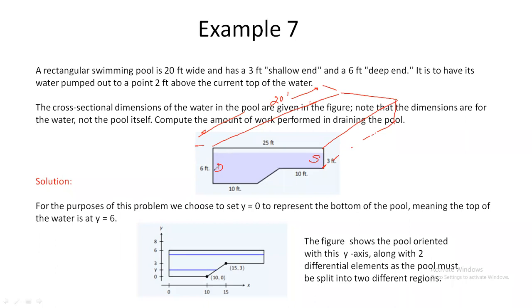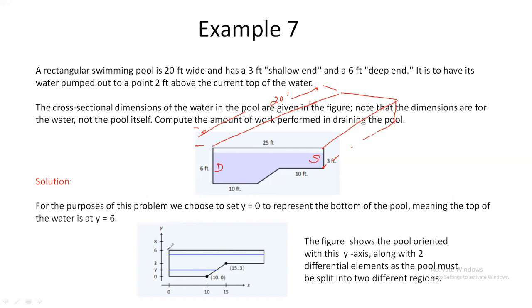Now it is to have its water pumped out to a point 2 feet above the current top of the water. So the current top of the water, if this is our swimming pool and it's full of water, is 6 feet. Water is to be pumped out 2 feet above this particular level of water. And you could see that this particular cross-section on the side of our rectangular pool is now written here in the Cartesian plane.